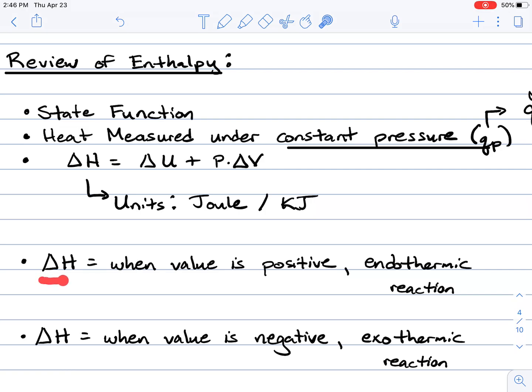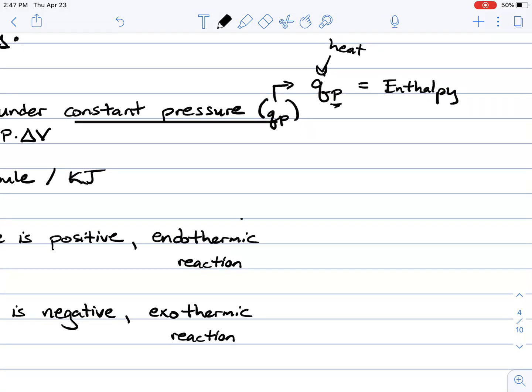And so if the change in enthalpy is positive, right? So if you were to perform some kind of calculation and you notice that the final answer of enthalpy, or delta H, is positive, then it's representing an endothermic reaction, where there's an overall shift in the thermodynamic process such that heat is gained by the system.